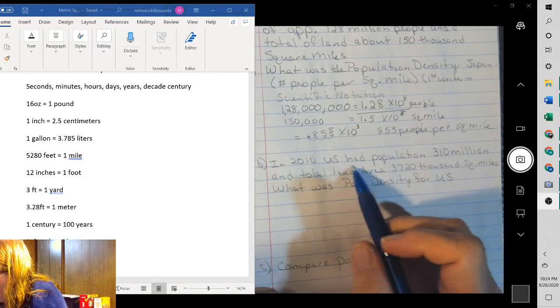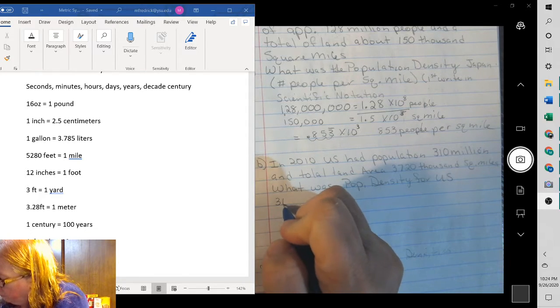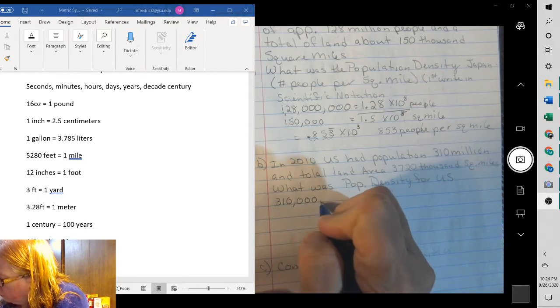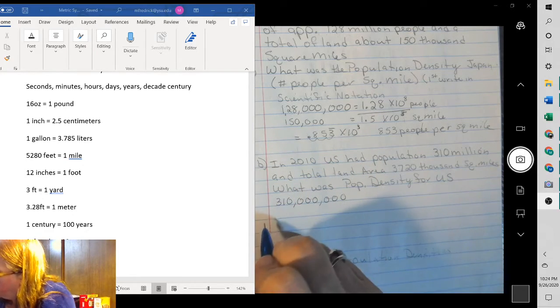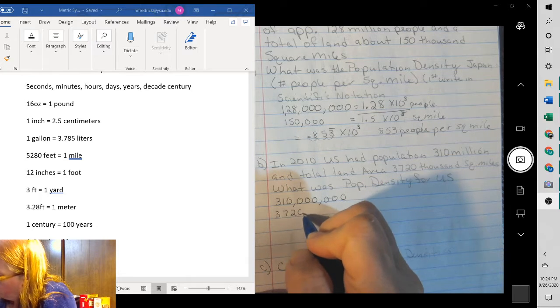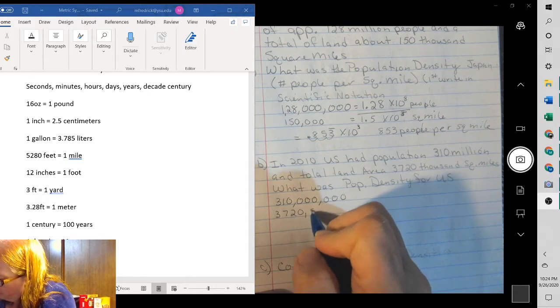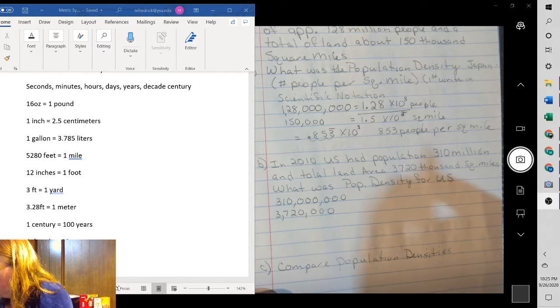In 2010, the U.S. population had 310 million, and a total land area of 3,720,000 square miles.